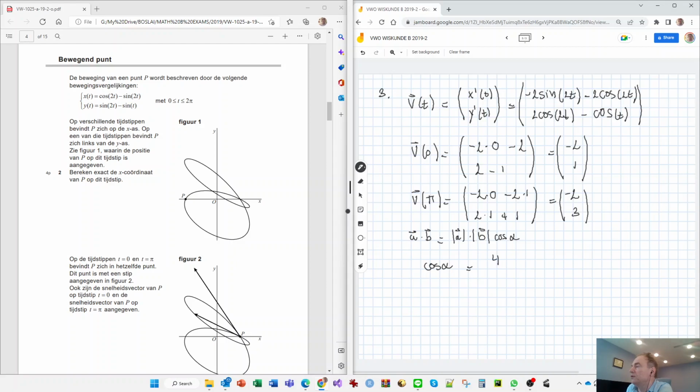It's 4 plus 3, and the norm of this is 2 squared plus 1 squared, and I need to take the square root. Here I have 2 squared plus 3 squared, which is 4 plus 9 is 13. So 7 divided by the square root of 5 times 13, which is the square root of 65.